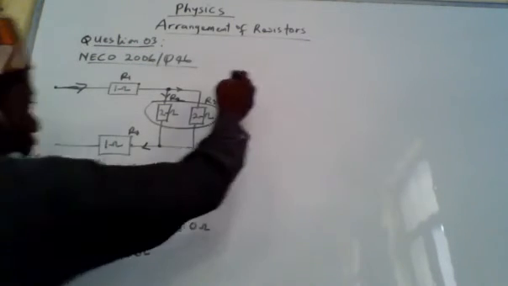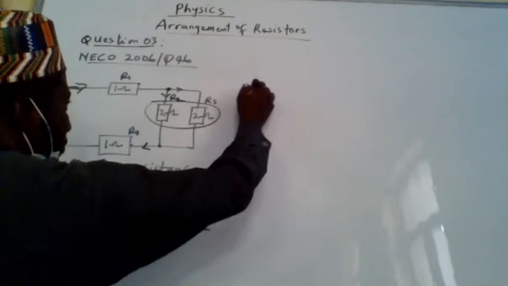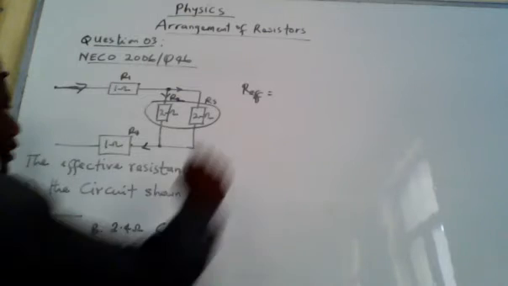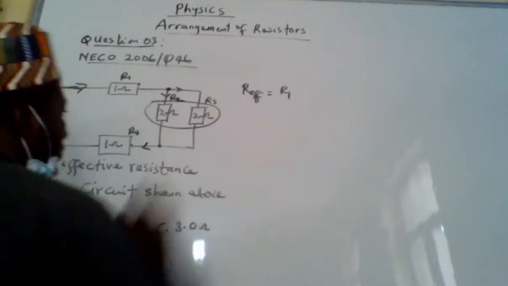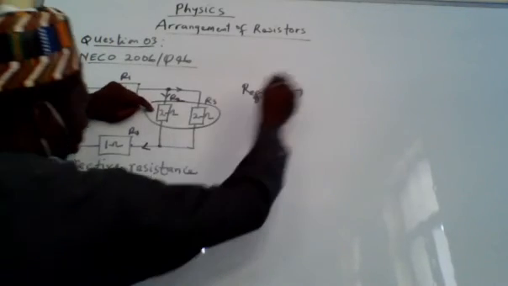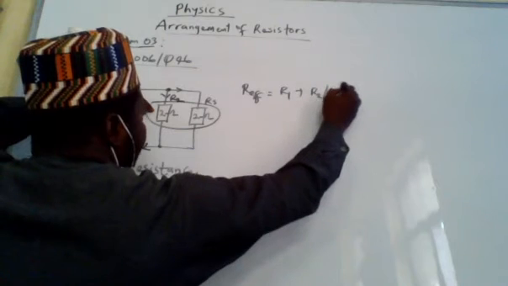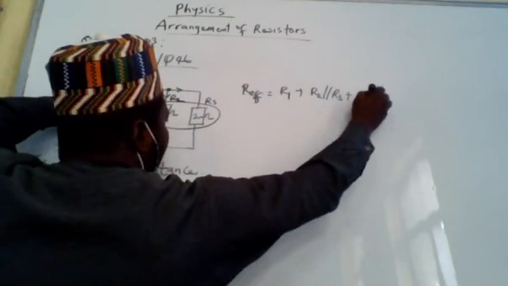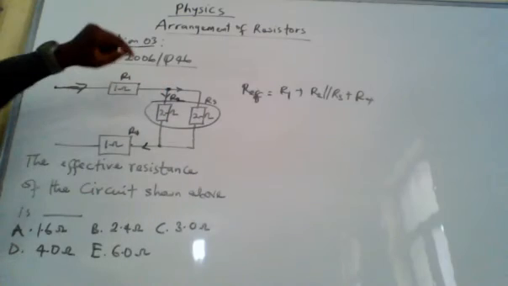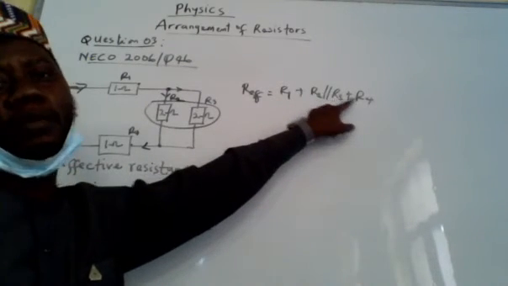So if I'm going to find my R effective, as was used in the question, effective resistance is going to be R1 plus R2 in parallel to R3, plus R4.